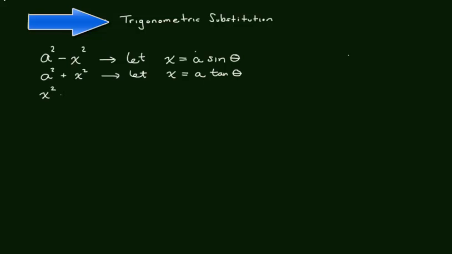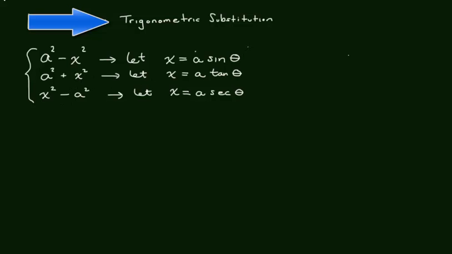For x squared minus a squared, you let x equal a times the secant of placeholder theta. A large majority of the time you will see one of these expressions under a radical.